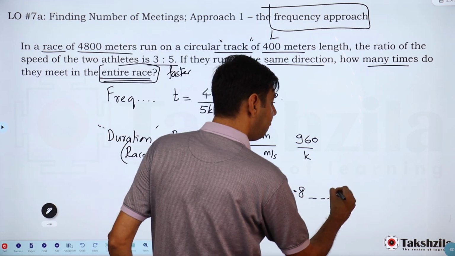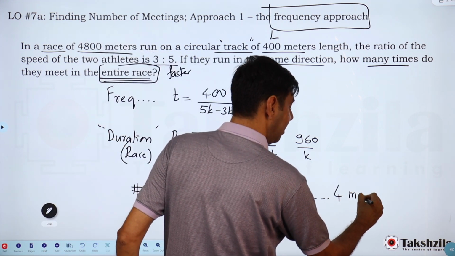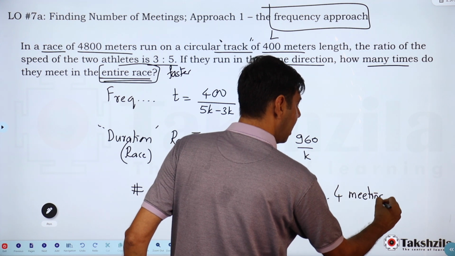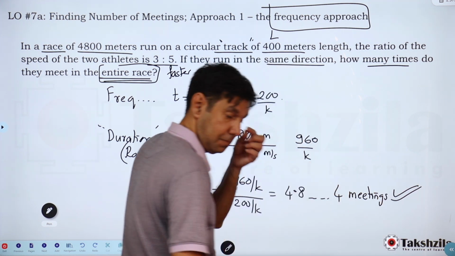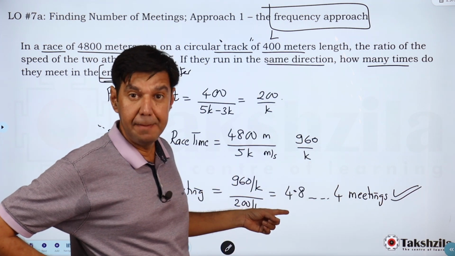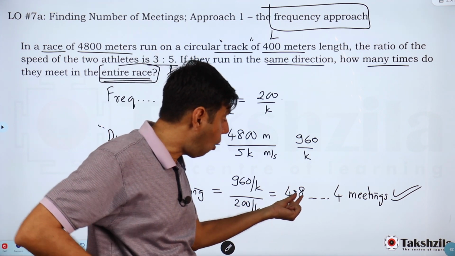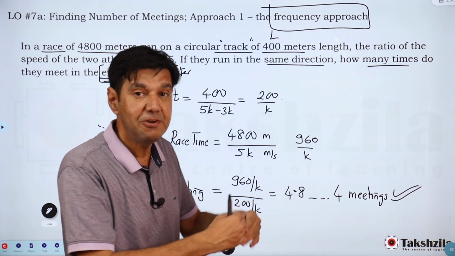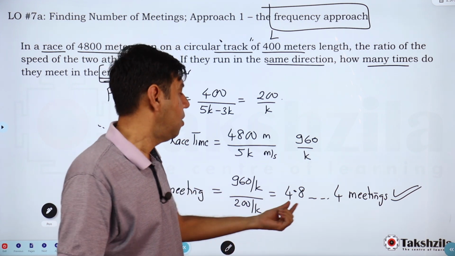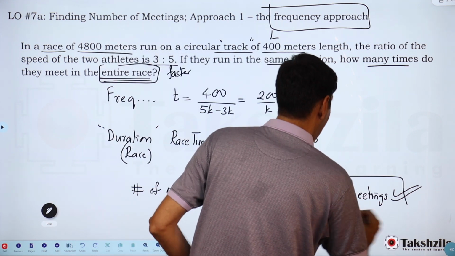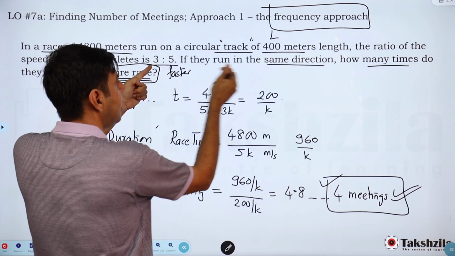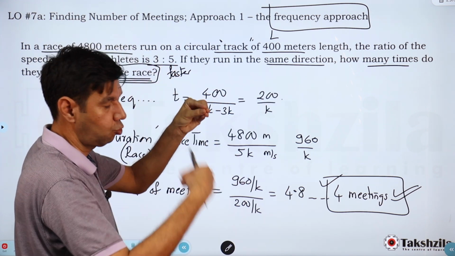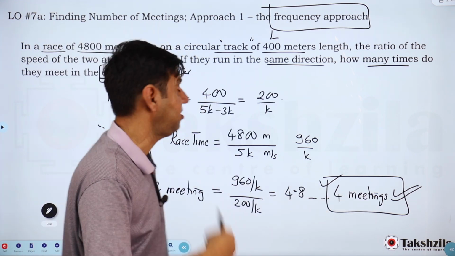So this means 4 meetings are done. But they are almost close to the 5th meeting, though the 5th meeting has yet to happen. That is the idea here. And if you look at it, in the same direction there are just 2 points, but the number of meetings is 4.